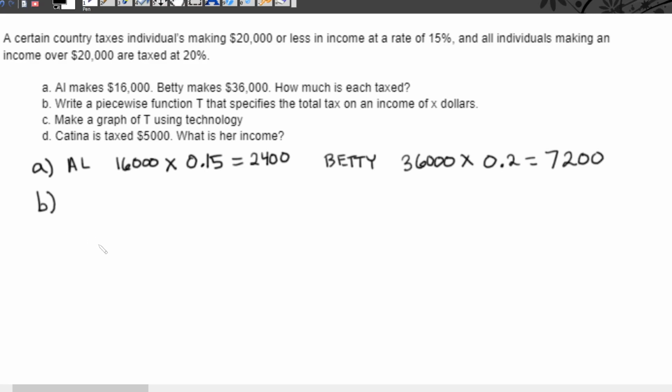Okay, part B. Write a piecewise function T that specifies the total tax of an income of X dollars.